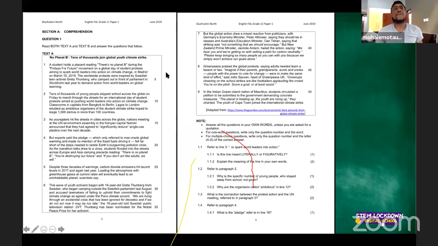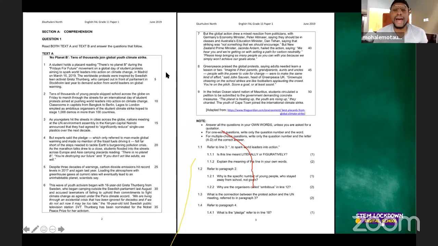This was an international climate strike, so we can't really know what the number of people was. The answer to question 1.2.1 is that we don't have a specific number because it was young people all over the entire world, and that's why the specific number of kids who stayed away from school was not given.